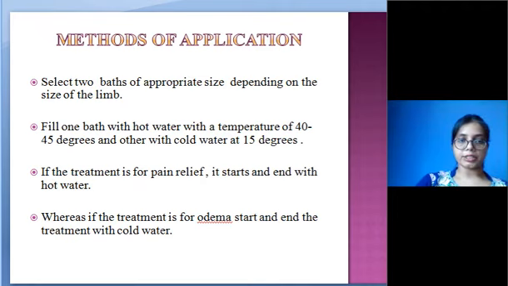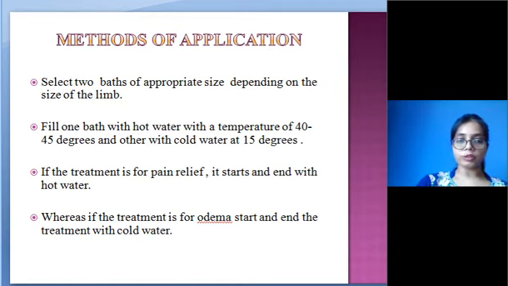Methods of application. We select two baths, one filled with hot water at 40 to 45 degrees, and one with cold water up to 15 degrees. Before this, the sensation of the patient has to be examined, by using an alternate application of hot and cold test tubes. Any metal objects such as jewelry or watches should be removed.